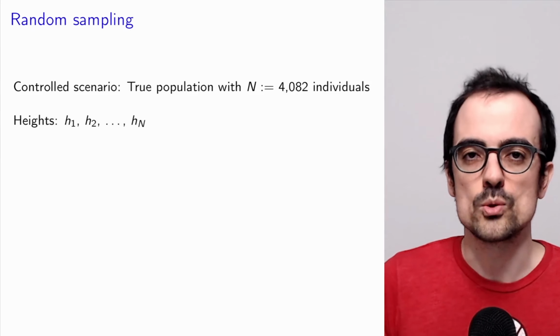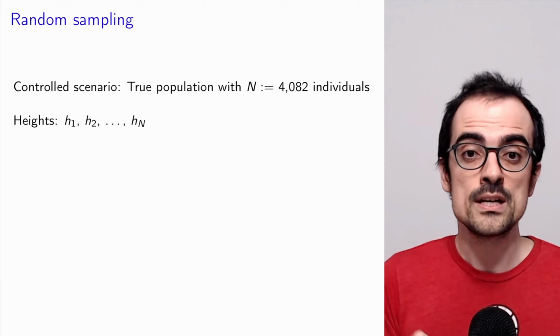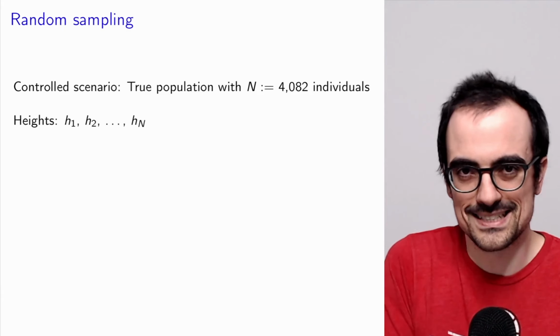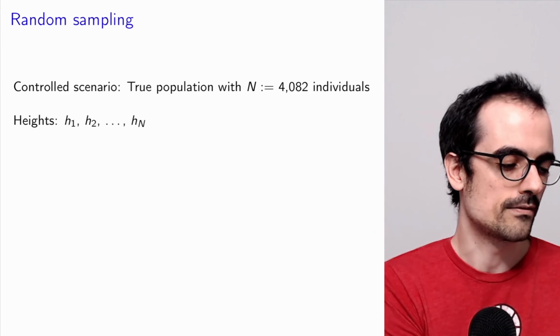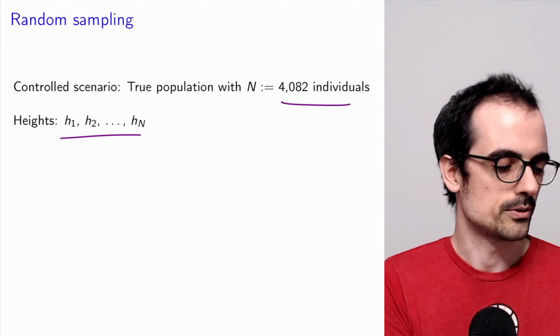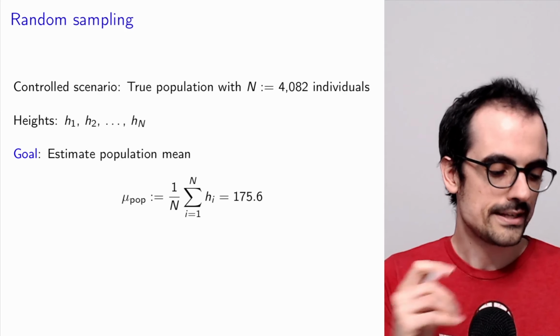Our goal is to estimate population parameters. Let's take a look at a specific example in a controlled scenario where we do have access to the whole population, and therefore we can see how good our estimates are. We're going to be working with a population of 4,000 individuals, and specifically the height of those individuals. Our ultimate goal is to estimate the population mean, which is a constant.